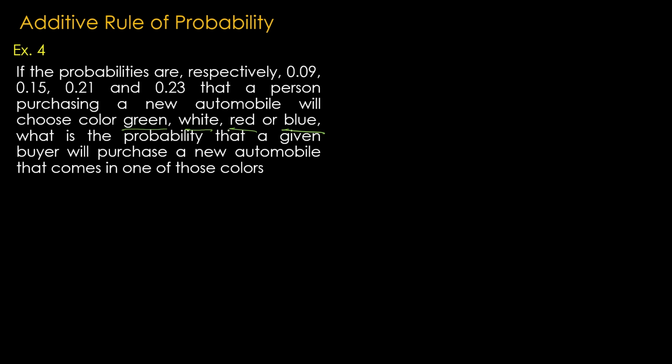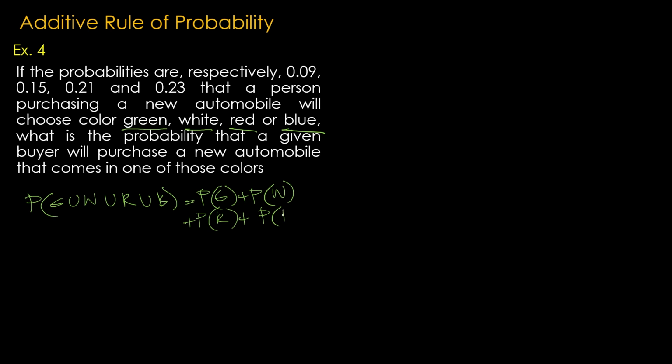Okay, this means that the probability of the union between the green, white, red, and blue is equal to the probability of getting a green car plus the probability of getting a white car plus the probability of getting a red car plus the probability of getting a blue car. So therefore, you have to add all those probabilities.